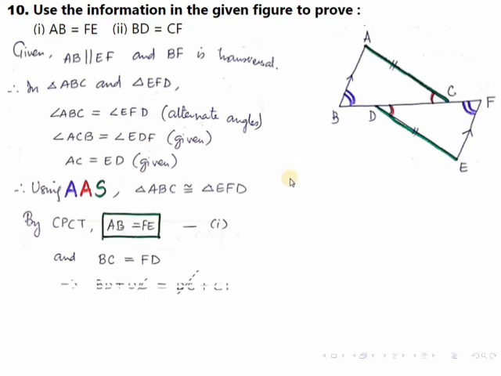Now can I write BC as BD plus CD? Similarly I can write FD as CF plus CD, isn't it? So DC and DC can be cancelled. So from here what do you get? BD equals CF, isn't it? And that's what you are asked to prove here.